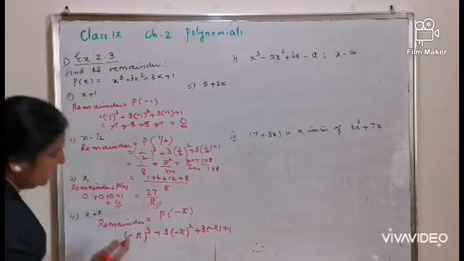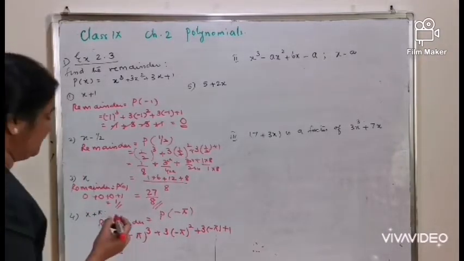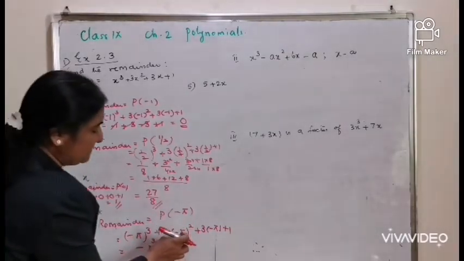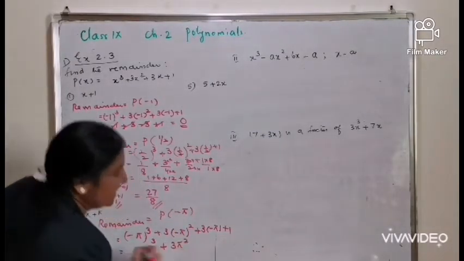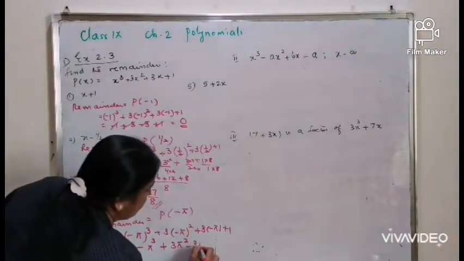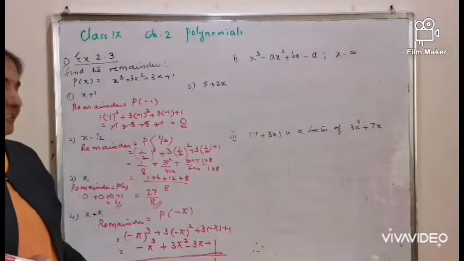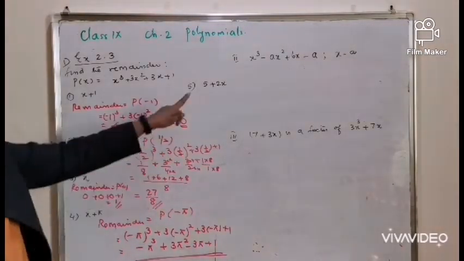The only thing to note is that with the odd power, it is negative itself. So, minus pi cubed. Minus pi the whole squared is positive pi squared, plus 3 pi squared, minus 3 pi, plus 1. It cannot be simplified further. The remainder is this answer itself.